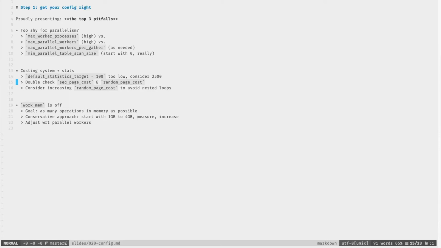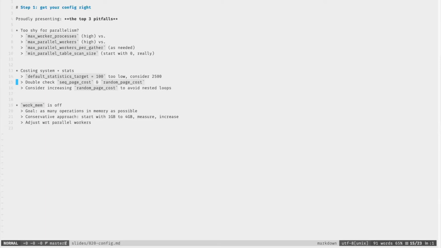Because it will then favor index scans more, especially if you have a lot of indexes, for instance, or certain queries which would normally do a sequential scan. If you reduce the random page cost, you're getting more of those index scans, because it basically tells Postgres, hey, you can do scatter gather IO if you want. Getting a random page isn't that costly.